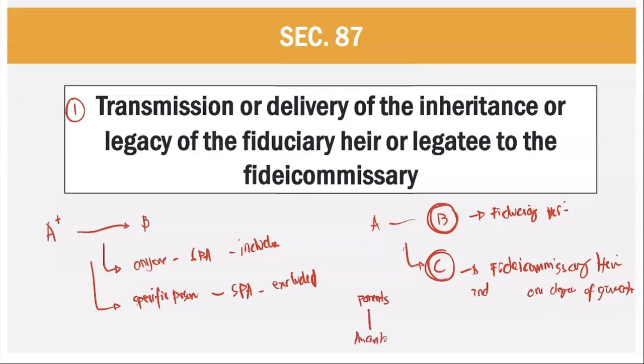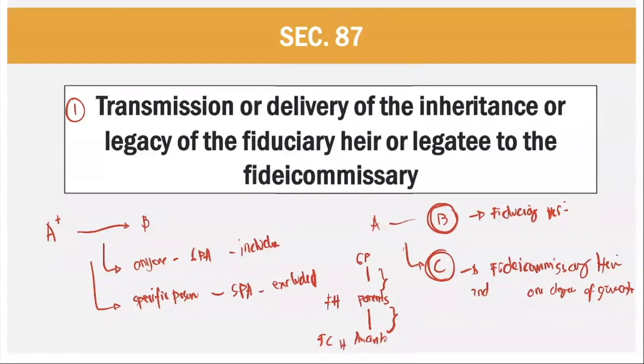One degree yan. Ito yung grandparents ko, one degree, another degree. So, the transfer from your fiduciary to your fideicommissary must be one degree. Okay? So this is the fiduciary heir. Ako yung anak. This is the fideicommissary heir. Fiduciary and fideicommissary heir. So that is only one degree. So why is this excluded?